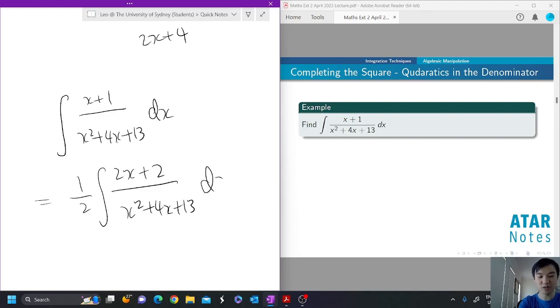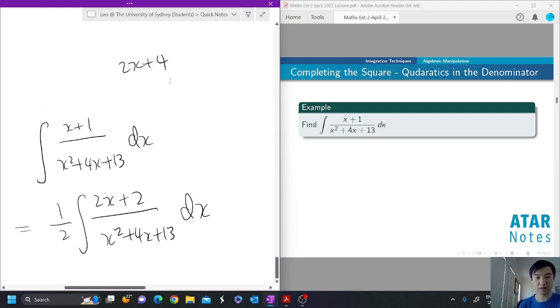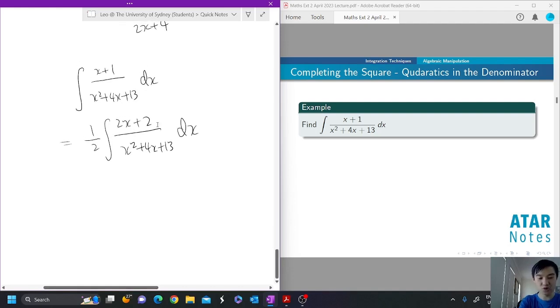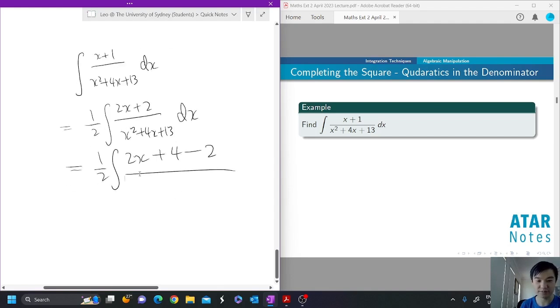But if I multiply by 2, I need to also balance out the fact that I multiplied by 2 by dividing by 2. But now I want to get a plus 4. So what I can do is say that 2 is the same thing as plus 4 minus 2. So I basically converted 2 into plus 4 minus 2. So we can have a 2x plus 4.